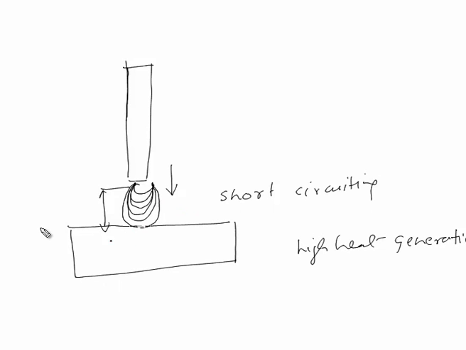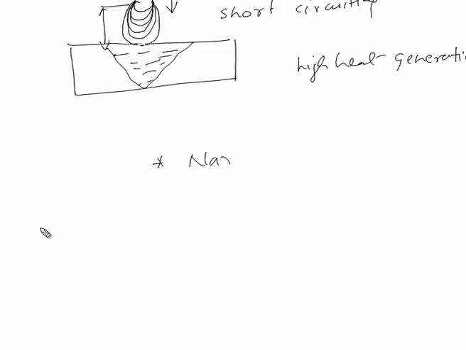As soon as the thinning takes place, by the surface tension effect from the weld metal, this drop is detached, and as the drop is detached, the gap is created once again and the arc is reignited.